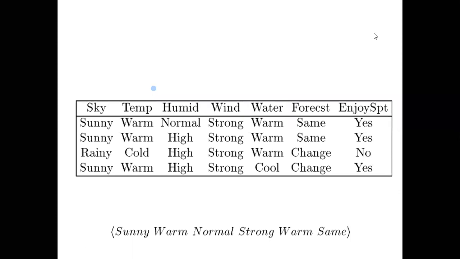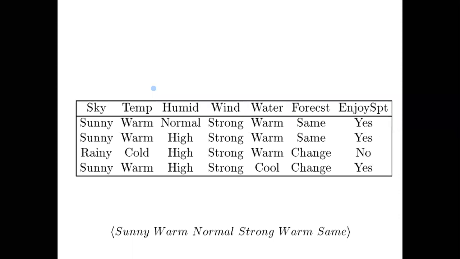This data set has six features, six attributes: sky, temperature, humidity, wind, water, and forecast. All these six things are attributes. And the final column, always the last column, says to which class each of these instances belongs. Here it is yes or no. This is a data set with respect to enjoying a water sport.